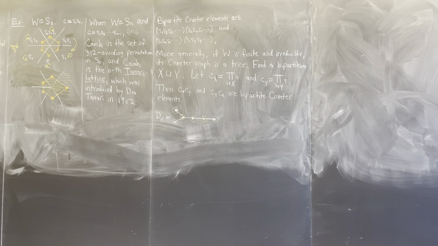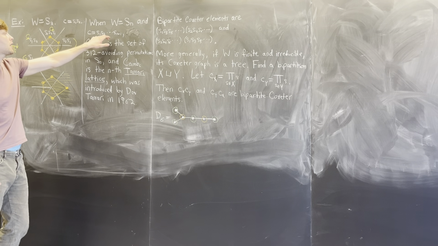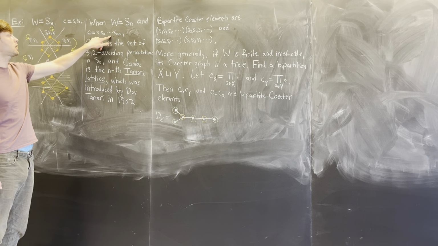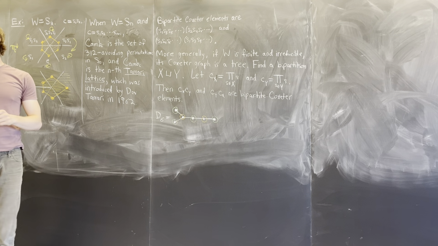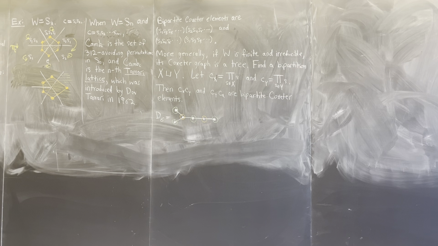For example, in type A, I could just do Sn minus 1, Sn minus 2, dot, dot, dot, S3, S2, S1. And that's going to give me something isomorphic because it's the same in some way. It's just going the other way across the path. But in general, I don't know.